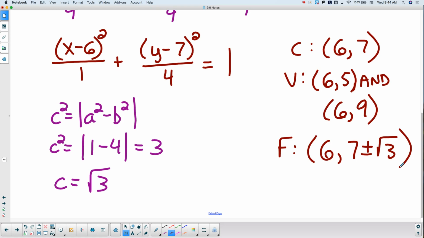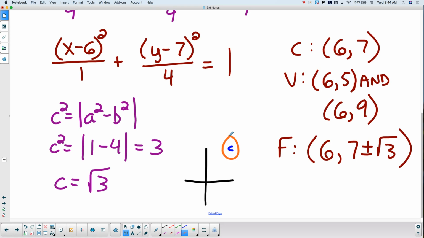And if we needed to graph it, we could, but we don't have to graph it. The graph would just simply be, we'd have a center up here, and we'd have an ellipse that looks like that, if we needed to, but it didn't say graph. And that's what completing the square does.